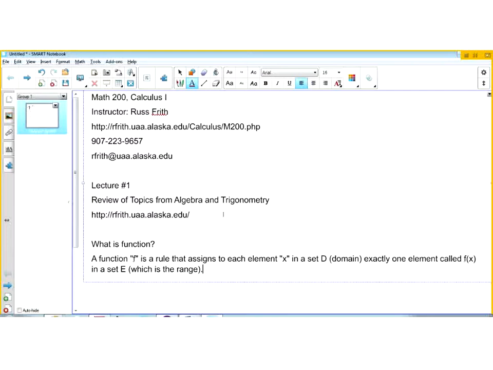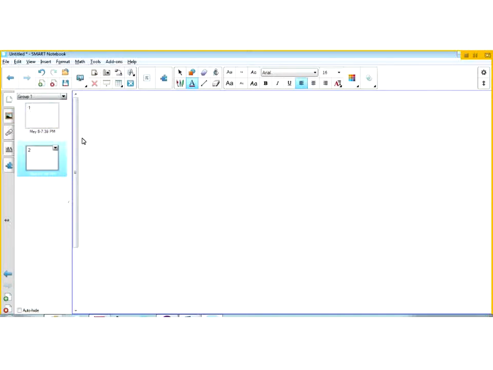Okay, so back on the topic of function. One of the most prominent functions that we're going to be working with in this class is, interestingly enough, the straight line. So as a review, I'm going to talk about some of the components of a straight line. New page, next page. I think it's Control M for next page. I'll have to get off the text editor and press Control M. Okay, there we go.